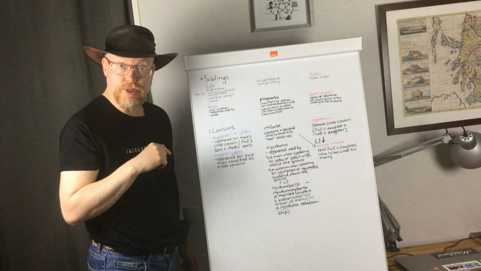And I think that this is what these two terms imply, that we have a couple, the married couple, that are cross cousins, and a brother or sister to either of them. That's the only way I can make sense of this. Otherwise it doesn't make sense as I see it.